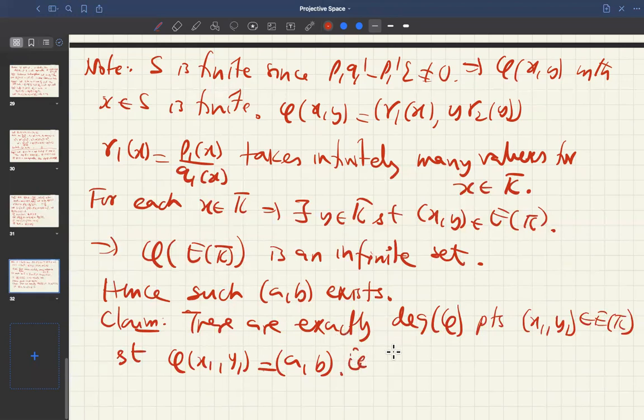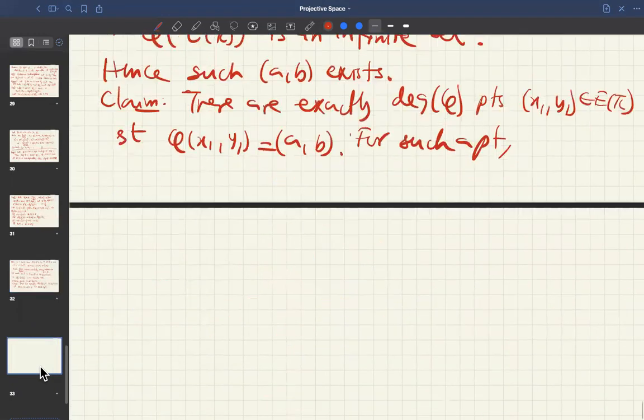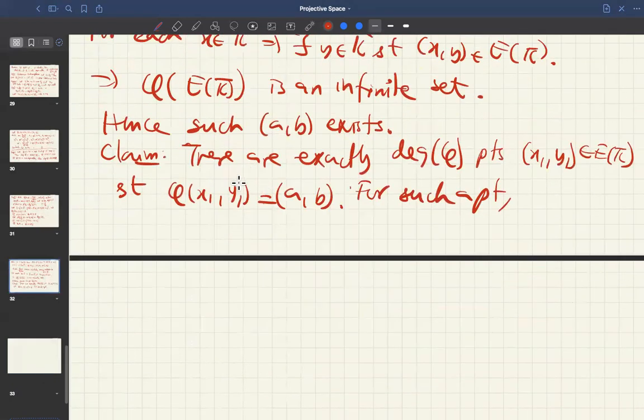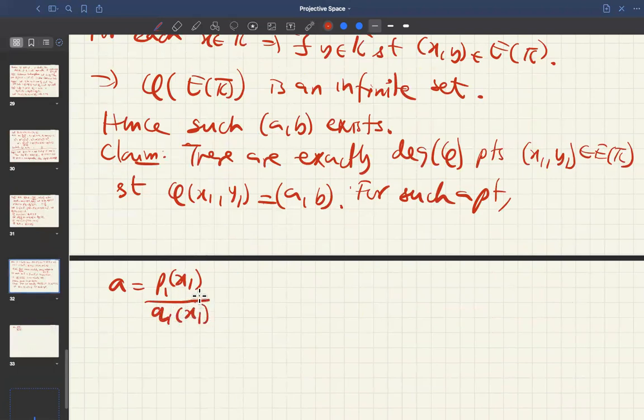So this is our claim. For such a point, phi of (x, y) is (A, B) means A is P1(x1) by Q1(x1), and B is y1 times R2(x1).